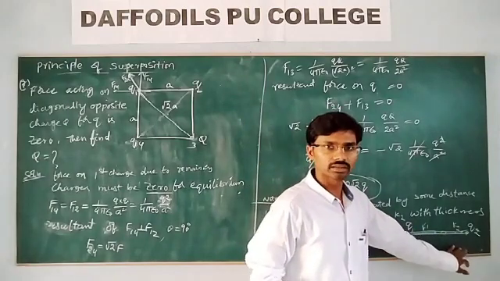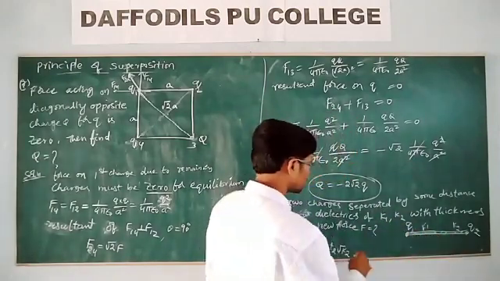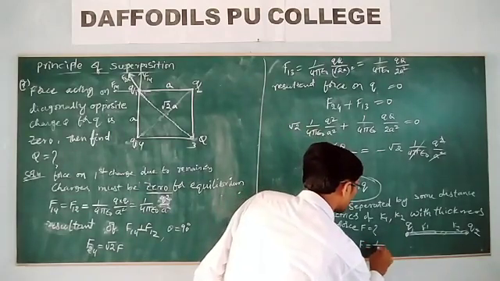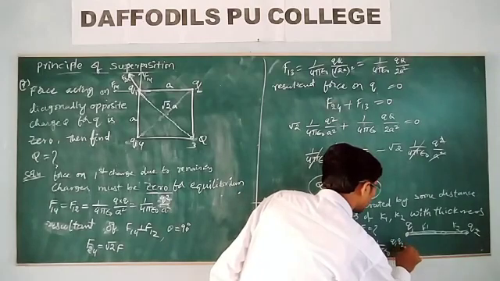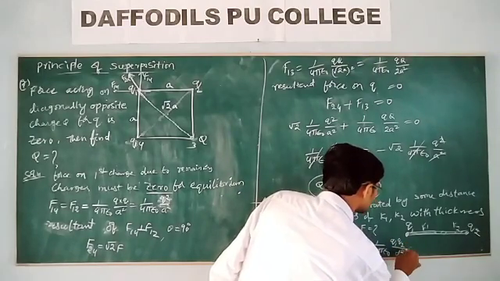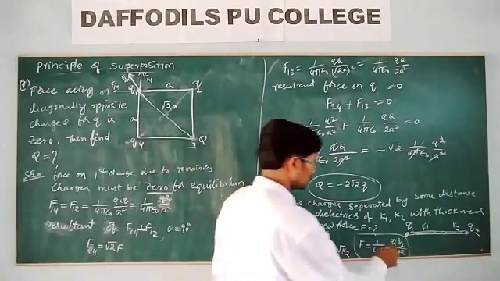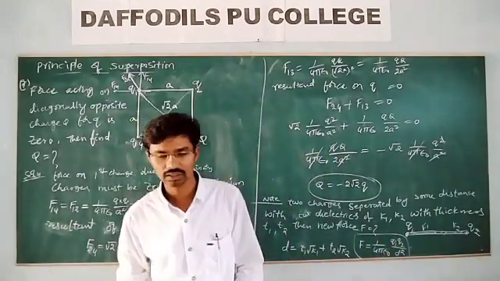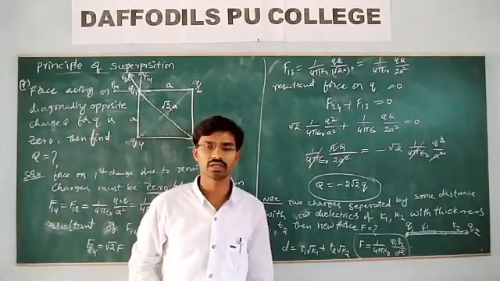Before inserting this, F is equal to 1 by 4 pi epsilon naught Q1 Q2 by R square. Now the new force is equal to 1 by 4 pi epsilon naught Q1 Q2 by D square. This is an important point to keep in mind, very important for objective questions.